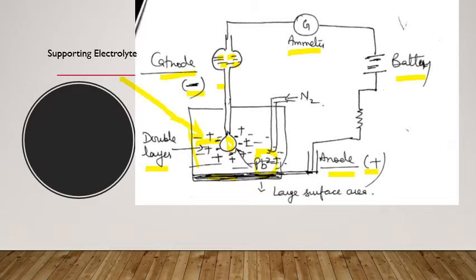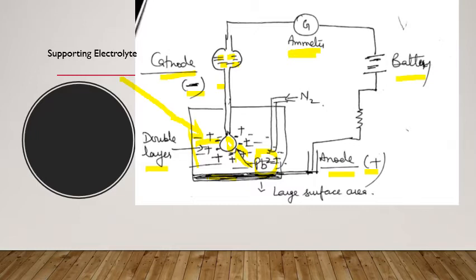When it nullifies the migration current, your analyte present in the sample easily diffuses in this layer. It allows the movement of the analyte to diffuse. So this is your analyte, which can be easily diffused towards this mercury drop, and the reduction of your analyte takes place, by which the current is generated.